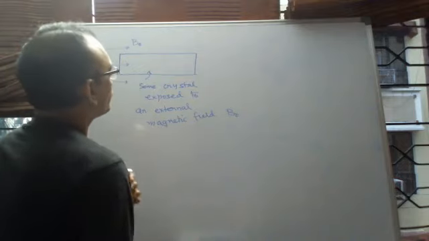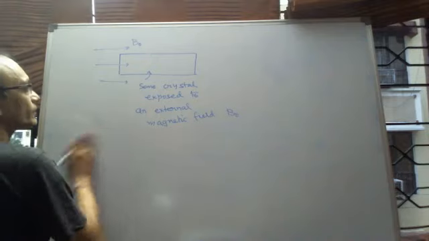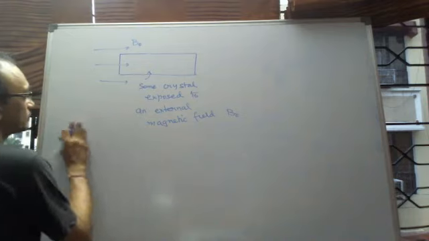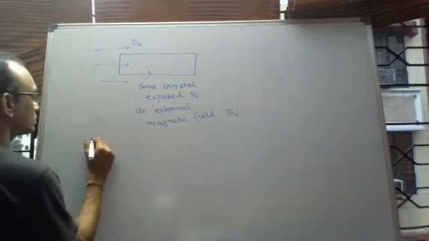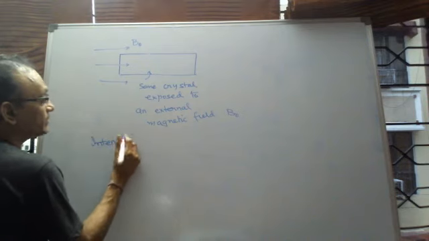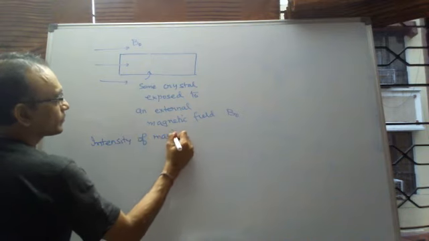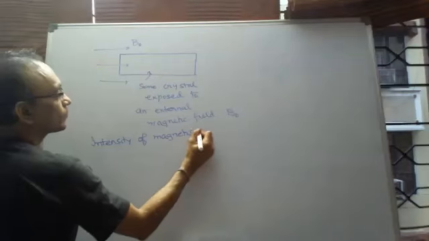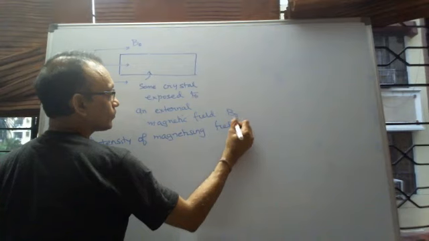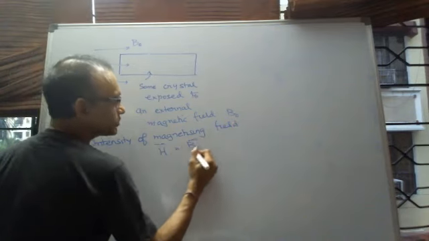Then we define intensity of magnetizing field, the vector H as the vector B naught by mu naught.